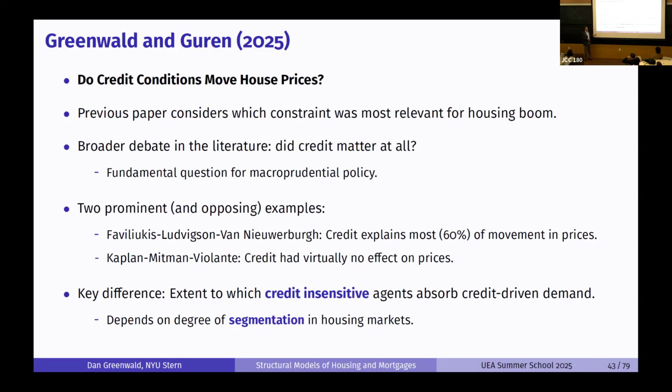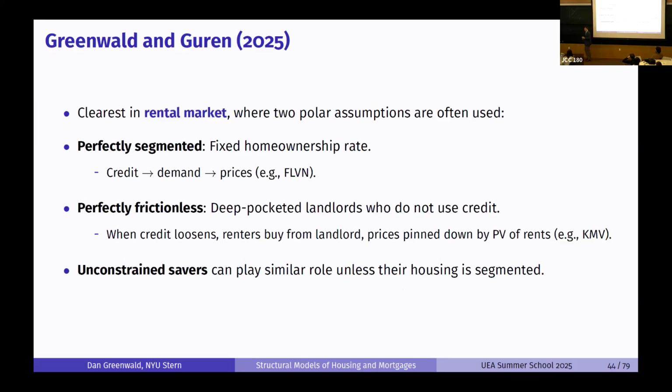More practically, it's really going to come down to mostly whether the landlords in the model are willing to trade very elastically with the households. And the degree of segmentation is basically how elastic is this willingness to trade by the landlords, okay? So that's what we're going to do.